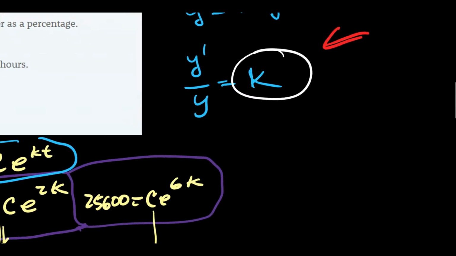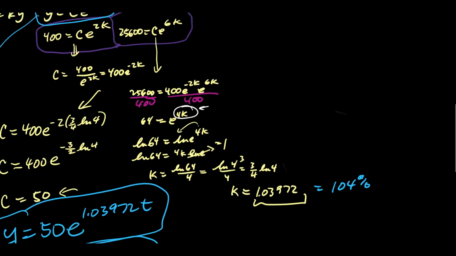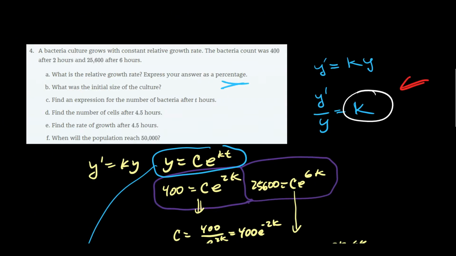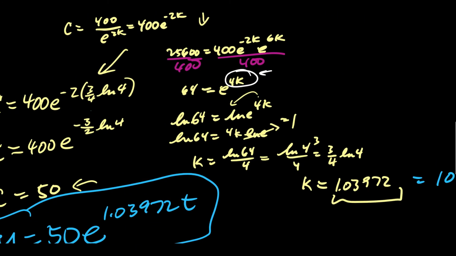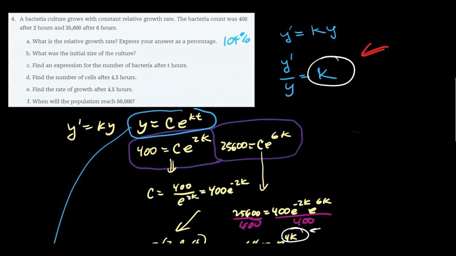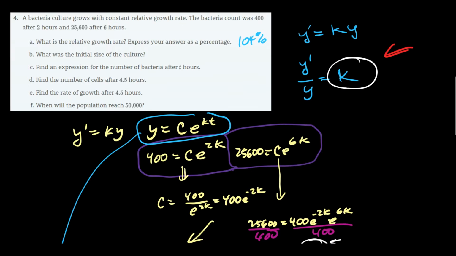That's what we went through up here. It's not a percentage because it's a rate. The relative growth rate is 1.03972. All right. What is the initial size of the culture?